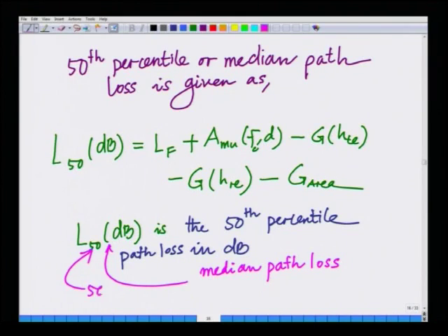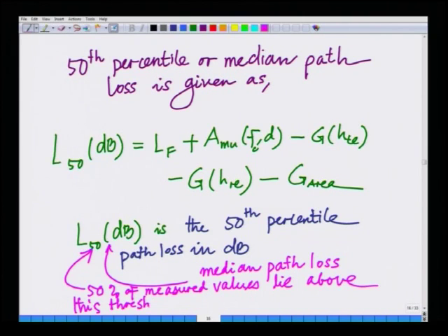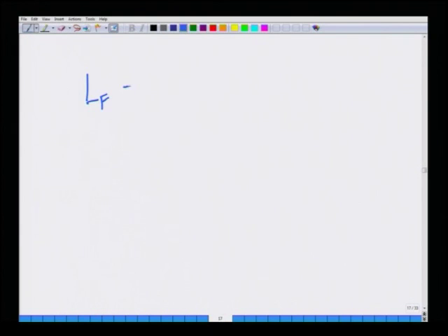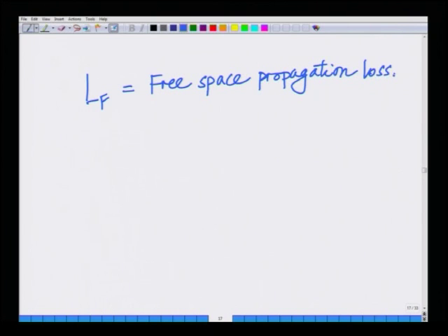LF, the other factor, is essentially the free space propagation loss. We are going to characterize this slightly.